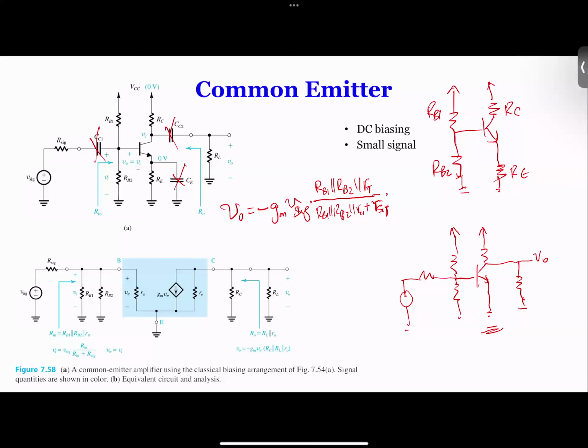So that's the input side, and the output side is RC in parallel with RL in parallel with RO. So in one step, I basically can write the voltage.